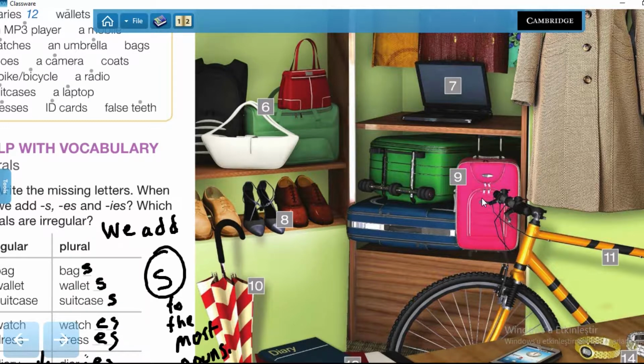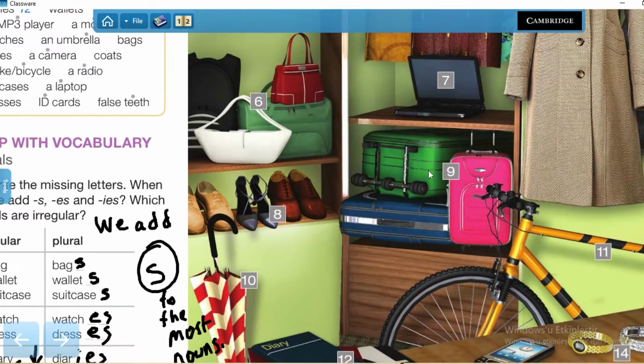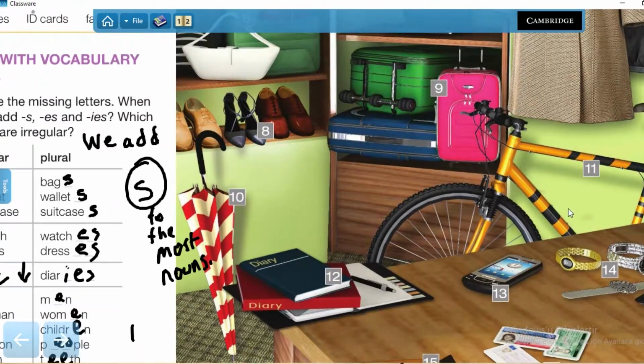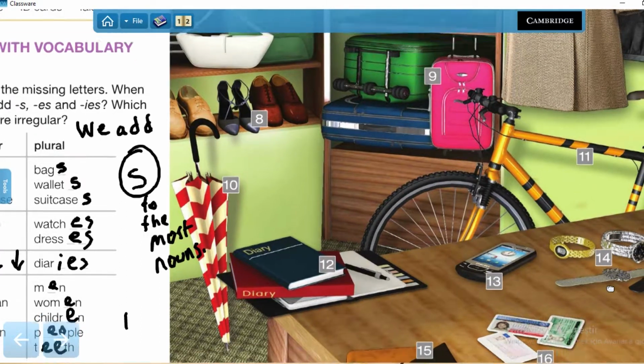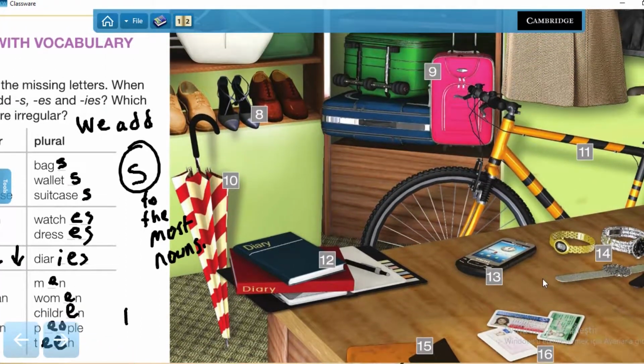Like a suitcase, suitcases, plural form. Number 10, again there is only one, singular. So we say an umbrella. Number 11, singular. We can say a bike or a bicycle.